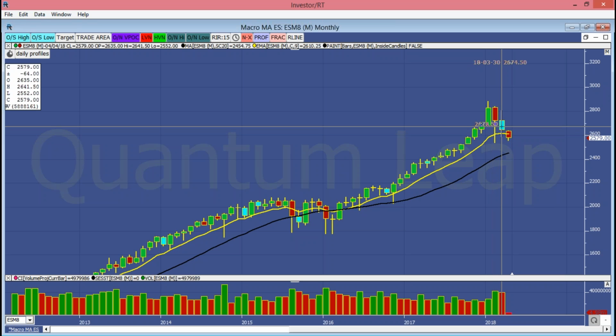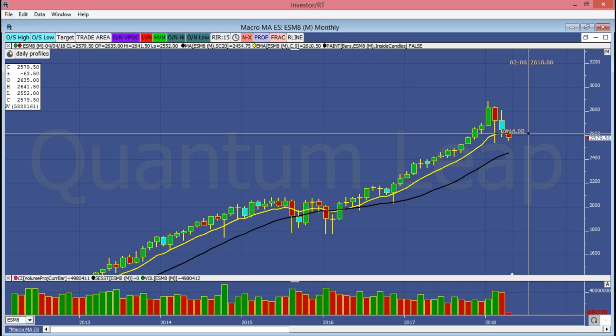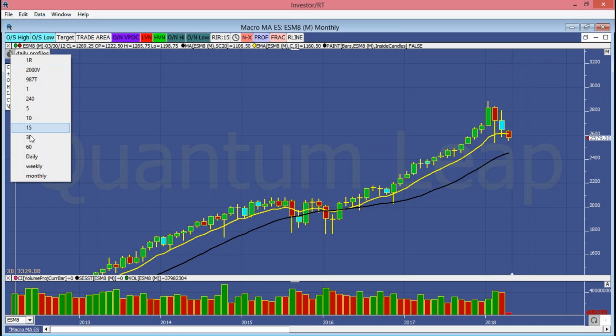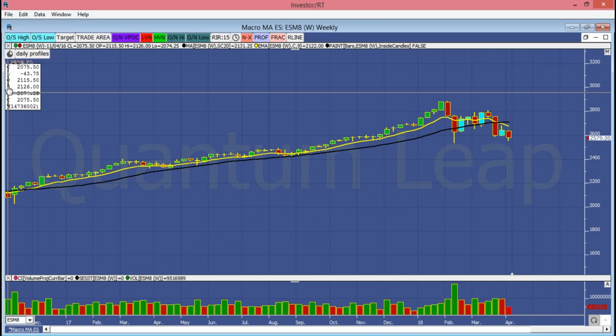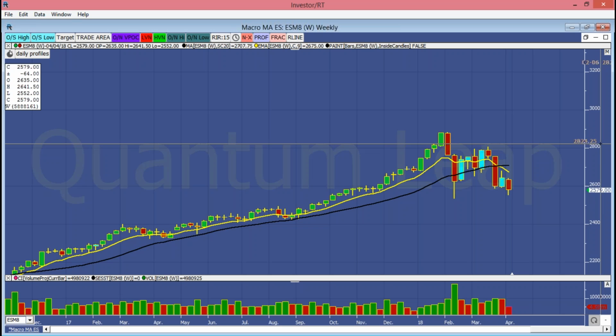March was an inside month, but held again above the 9. And so far this month we've opened and we've broken below and are having trouble getting back above and holding above the 9 EMA. We're losing slope and separation, so they are challenging the trend. The trend is weakening on the monthly, but it does not violate until we get in the low 2400s.